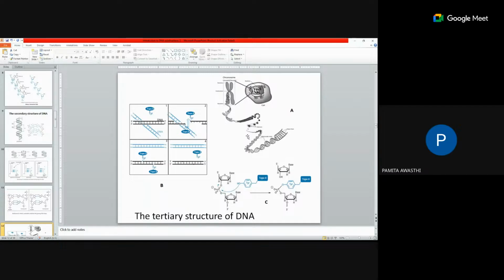So it is a very coordinated process. Topoisomerase is a mammalian enzyme which is very crucial for uncoiling of the DNA.